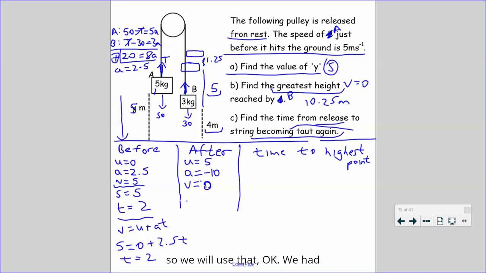Okay, we had a minus 10, U is 5. Right, now how do we calculate time using these three? We use V equals U plus AT. So 0 equals 5 minus 10t.